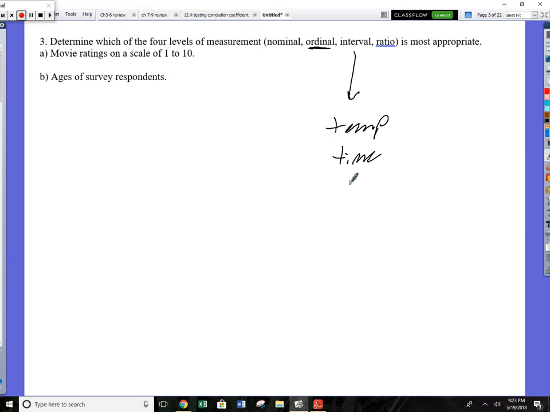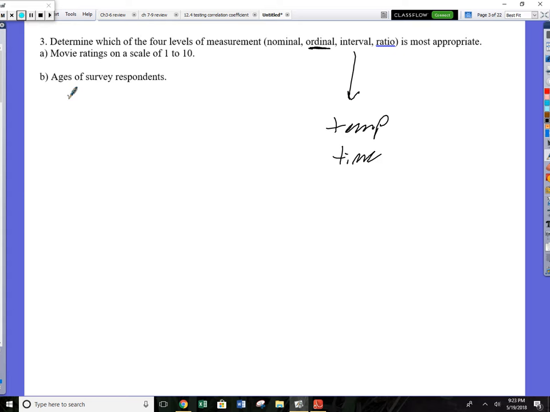Years, maybe. So 2018, I mean, who knows when the 0 year of the Earth was. And then ratio, this one's the best. There is an absolute 0. So I can measure the distance from my house to the park. Starting at my house, we'll call that 0. I go 2 blocks or whatever. So ratio, there is a starting point.